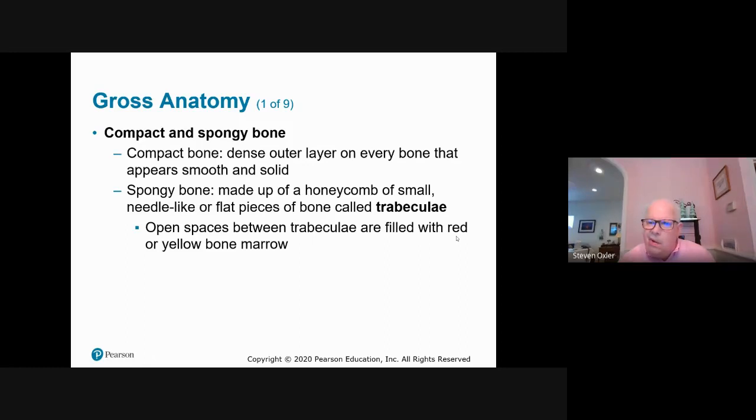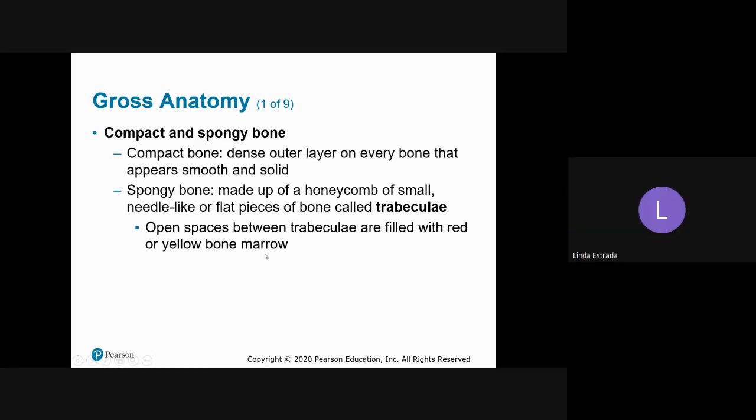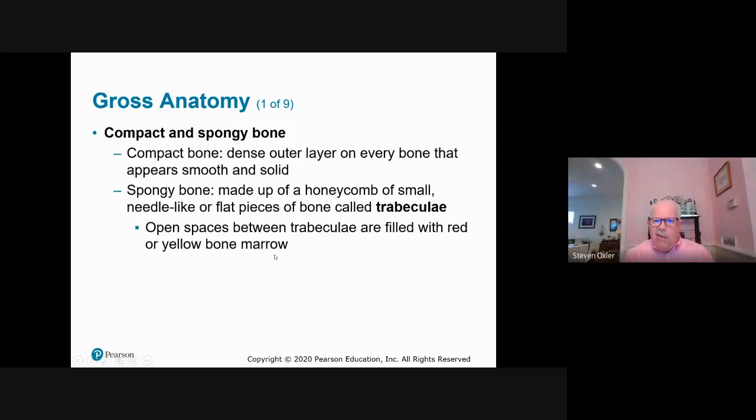So it's very important to understand that bone contains the precursors of all blood cells. Anyone know what's in yellow bone marrow? Fat. Yes, fat. You are correct. Okay? So red bone marrow is blood cells and yellow bone marrow is fat. Very good.